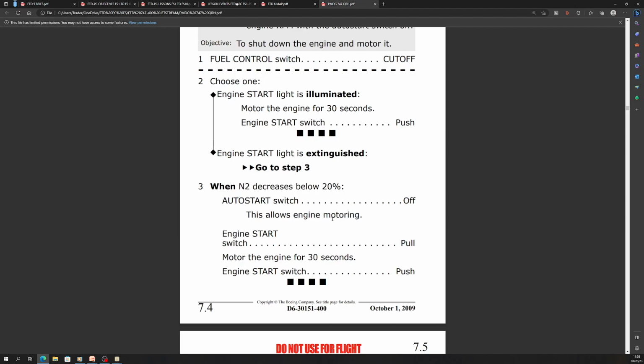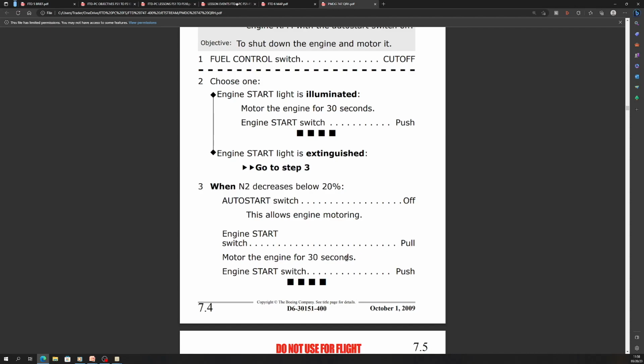You always make sure you read notes before you do it. So even though this says auto start switch off, I'm not going to go right up and push the auto start switch off until I read the note. This allows engine motoring. Okay, that makes sense. So now I'll go turn it off. Engine start switch pull.